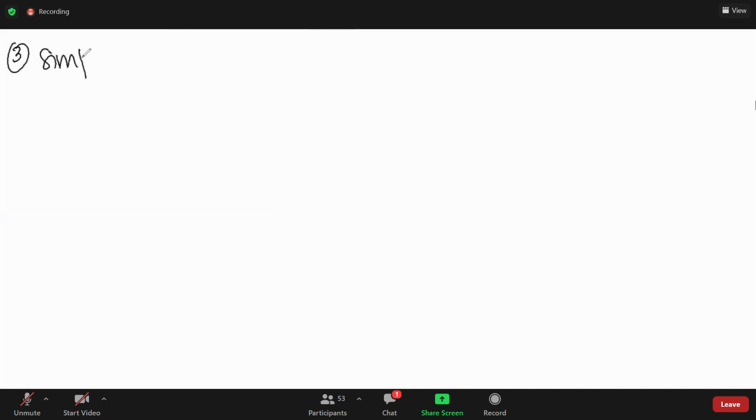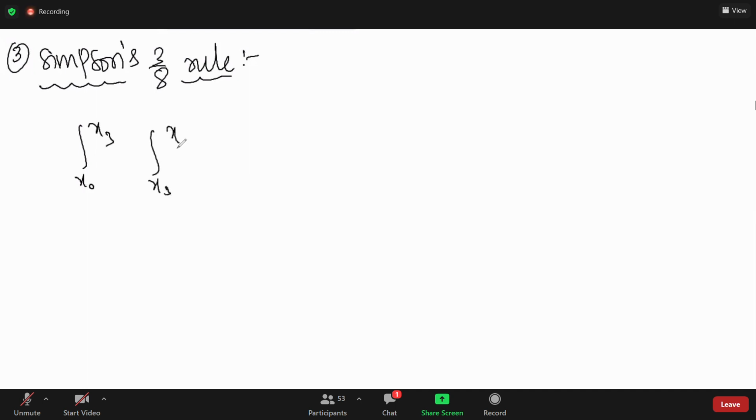Last one, Simpson's 3/8 rule. So directly I am writing Simpson's 3/8 rule by substituting n is equal to 3 in Newton's quadrature formula. So n is equal to 3 means what are the subintervals? x0 to x3, x3 to x6, x6 to x9. So 0 to 3, 3 to 6, 6 to 9.